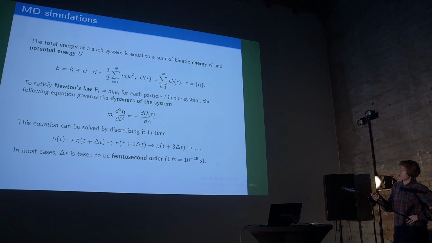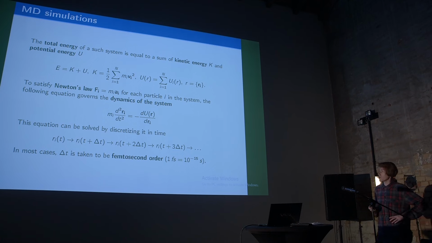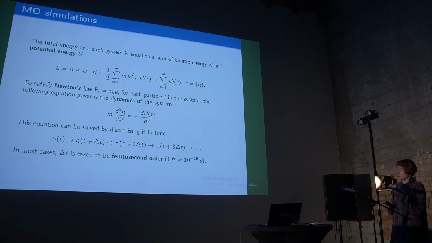We can write this law for each particle of the system, and we get the governing equations that give us the dynamics of this system. This equation can be solved by discretizing in time. We can make small steps and get the trajectories of atoms, different forces, and so on.